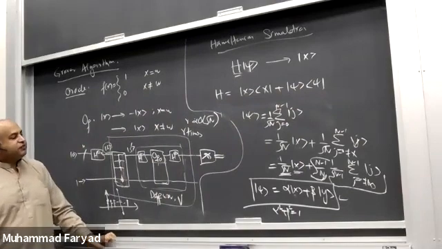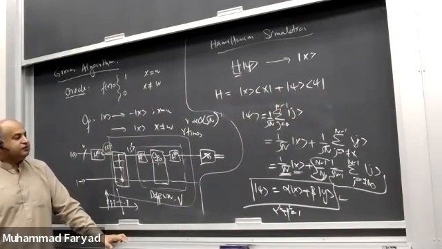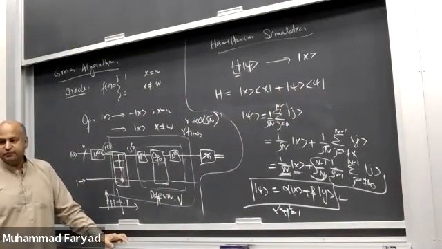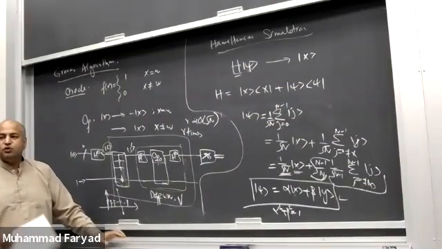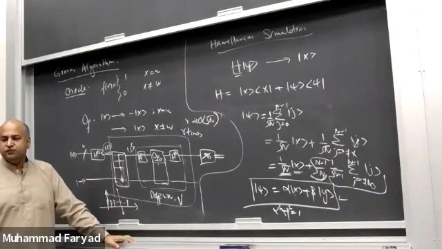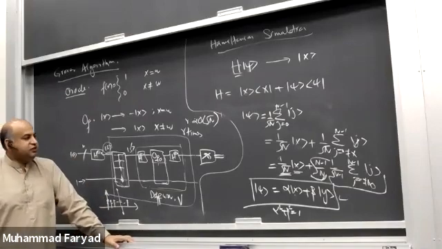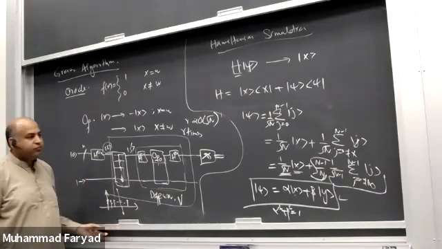Essentially it's a two-level system where one level is the solution, but the other is a superposition of all those other states. But this is essentially a two-level system now.